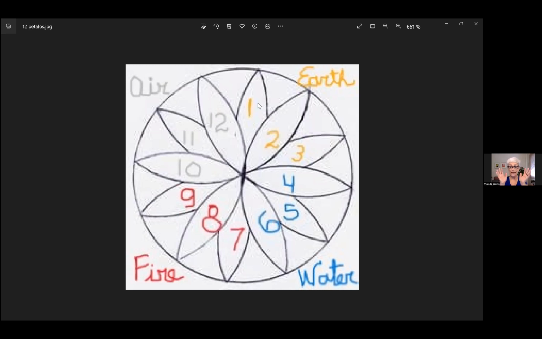And if we also accompany this first petal with the mudra of earth, we can actually live with ourselves in a kind of movement meditation.